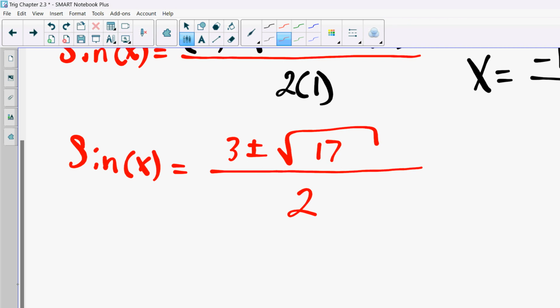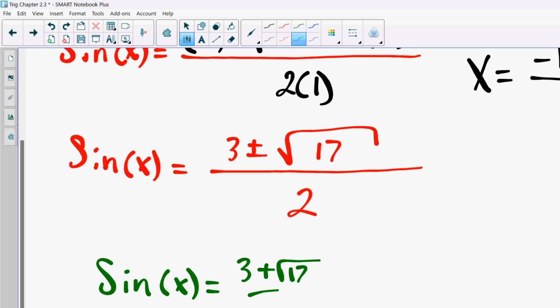Okay. Well, with the plus or minus, it's really telling us that sine of x is equal to 3 plus the square root of 17 over 2. And that sine of x is also equal to 3 minus the square root of 17 over 2.